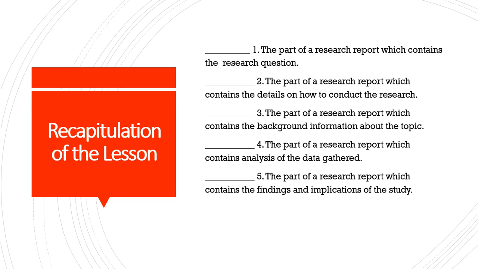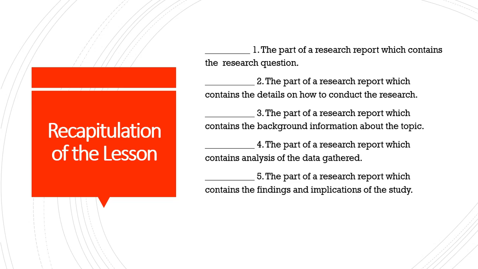So for number 1, it contains a research question. Therefore, in the IMRAD, it can be found in the introduction. Number 2, how to conduct the research. Therefore, it's methodology. Number 3, it contains the background about the topic. Therefore, introduction.